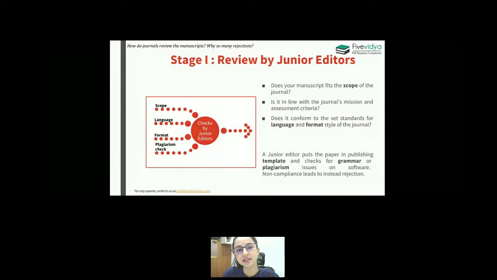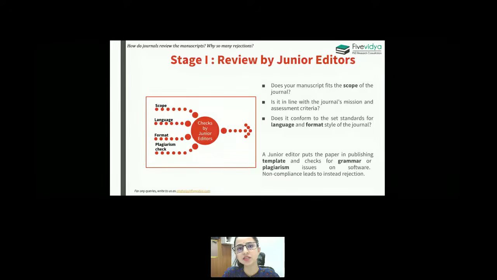Those junior editors and assistants check your manuscript using different software, which check different criteria in your paper: a language check, a formatting check, a check of the scope of your paper, and a plagiarism check.